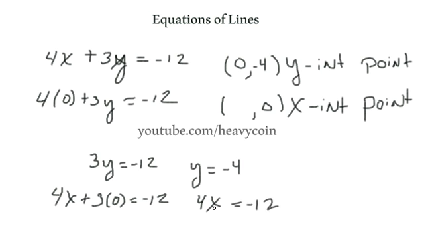So I think if we plugged in negative 3 here, right, so x is equal to negative 3. Because negative 3 times 4 is negative 12, right? Okay, so our x-intercept point is at negative 3, 0.